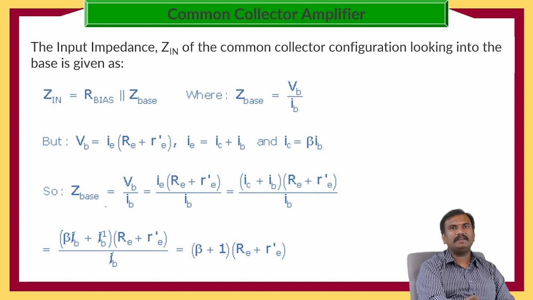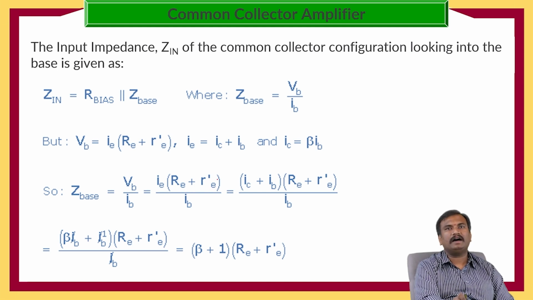And here Z base is equal to VB by IB, which is equal to IE into RE plus RE dash by IB, where IE is equal to IC plus IB, so IE into RE plus RE dash whole divided by IB.